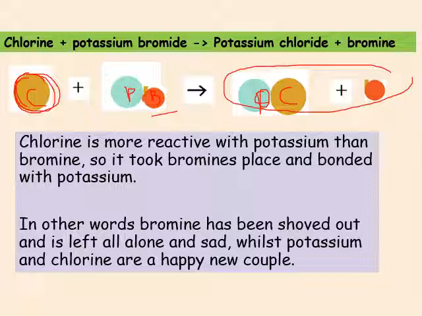So then the bromine here, as you can see, is on its own. As it says, chlorine is more reactive with potassium than bromine. So it took bromine's place and bonded with the potassium. In other words, bromine has been shoved out and left all alone and sad, whilst potassium and chlorine are a happy new couple. And that is a displacement reaction. The bromine was displaced by something that was more reactive.